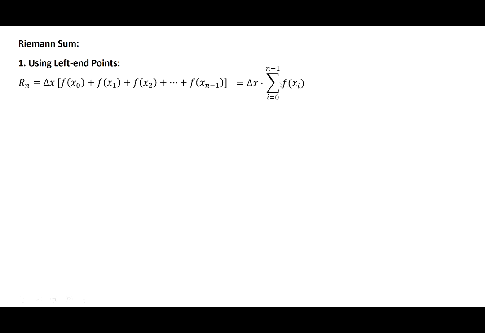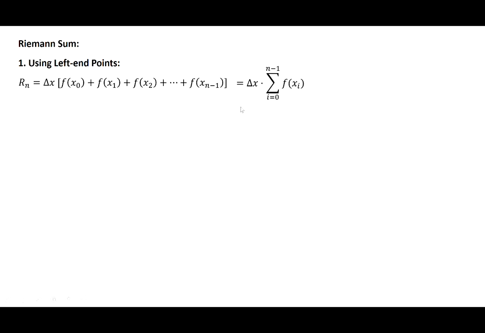So we have f of x sub 0. That's precisely what this is. Then increment i by 1. So you get i equals 1, so f of x sub 1. Because of the sigma, we have to say plus. Plus f of x sub 2. Plus f of x sub 3. And so on. And we stop when we get to n minus 1.